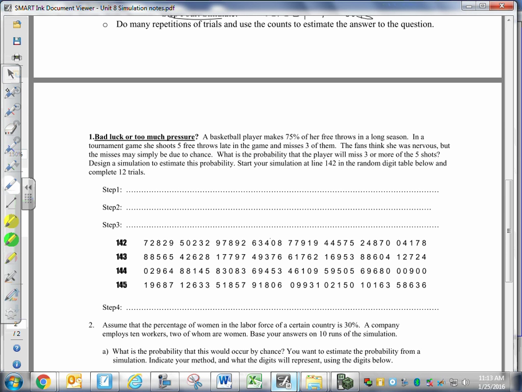For some reason, she got fouled on a 3-point play and also got fouled again on a 2-point play right after that. So she's shooting 5 free throws late in the game, and she misses 3 of them. The fans think she was nervous and she choked.